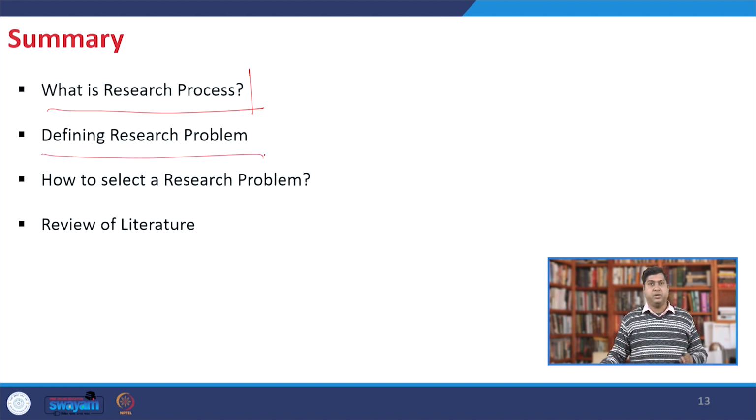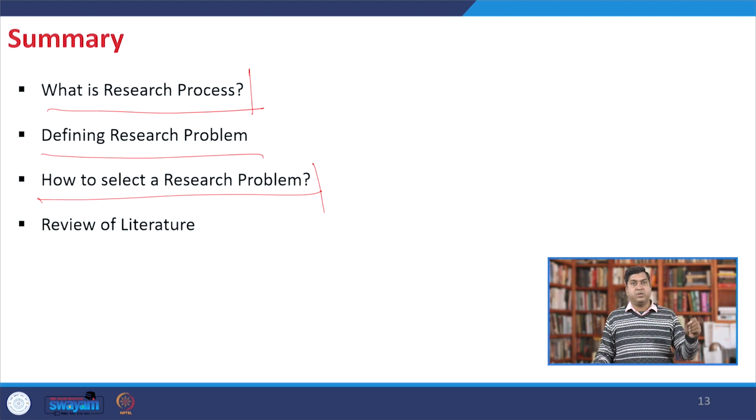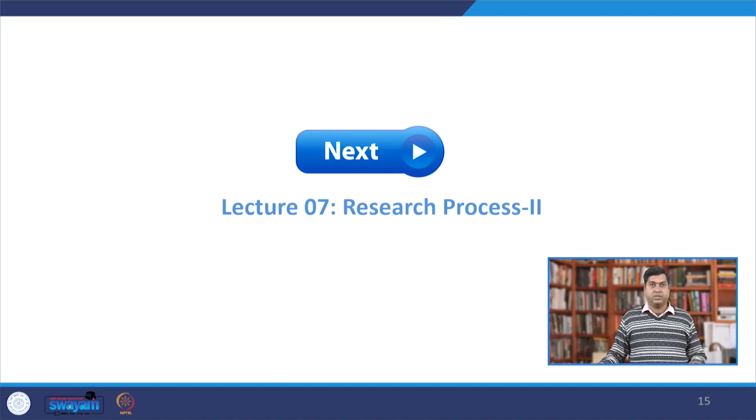Then defining the research problem is very crucial in terms of making your topic applicable, pinpointed and achievable. I also mentioned how to go about the research problem and how to define it, then the discussion on the literature review and how it can help a researcher at different stages of his or her journey. In our upcoming lectures we will discuss a few more steps of the research process.